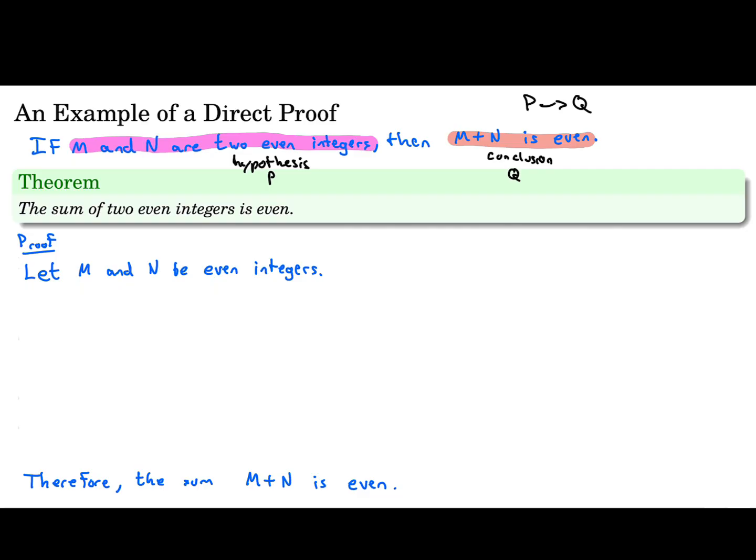So we're starting with: let M and N be even integers, and as we said before, you need to know the definitions. There's no way of writing proofs if you do not know the definitions. So what does it mean to be even integers?